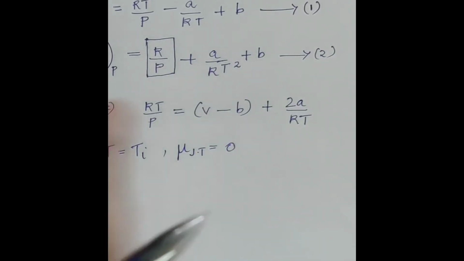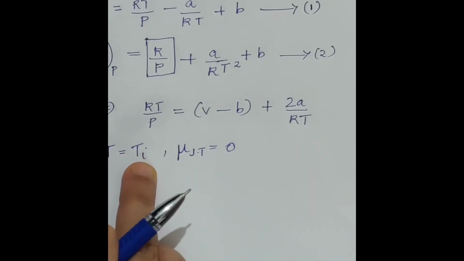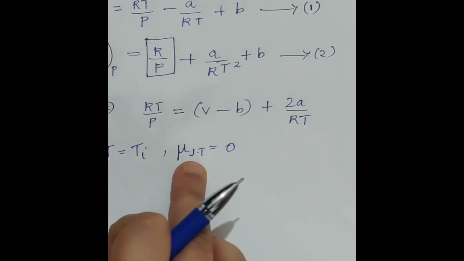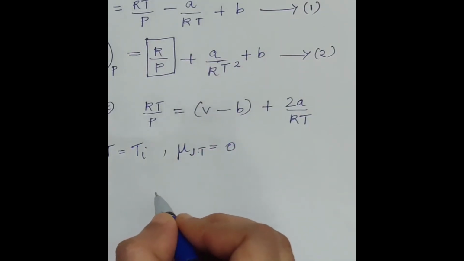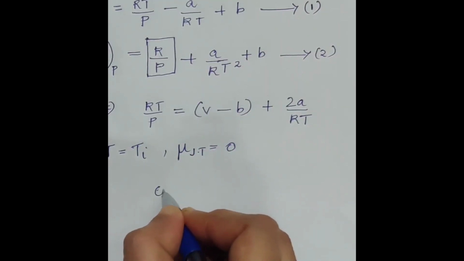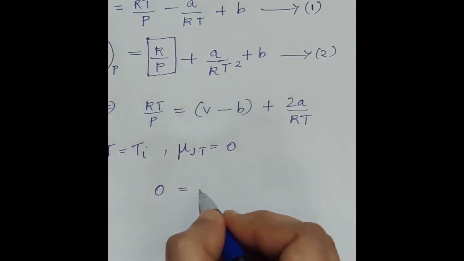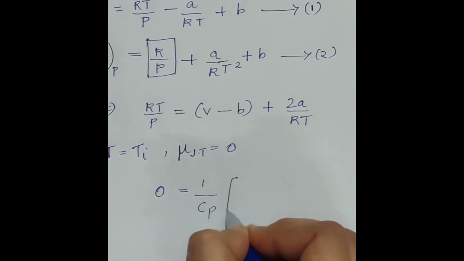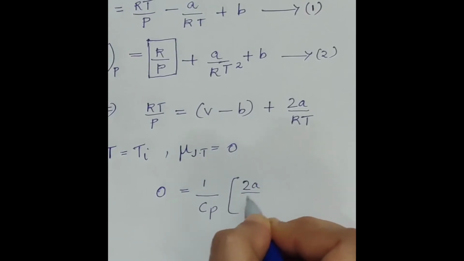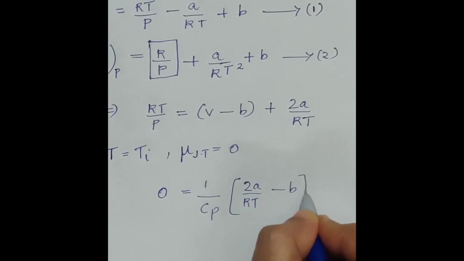Under this condition we substitute in the equation: 0 is equal to 1 by Cp into 2A by RT minus B.